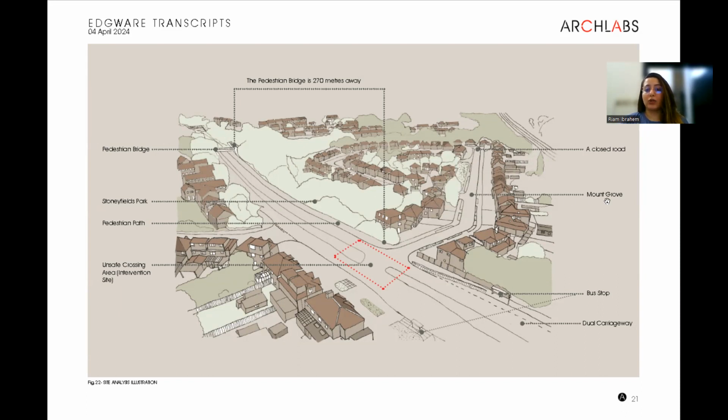This is the Mount Grove Road, the HA8 area, and this is the closed road. This is the crossing in the red dotted box, and you see there is a 270 meter pedestrian bridge away from the crossing, which is pretty far for the people who live nearby or just want to cross for the bus stop there.